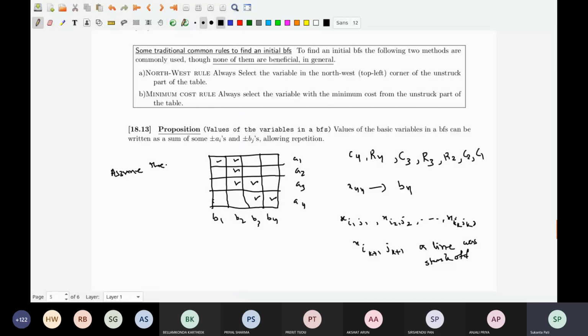Assume some of the already struck off variables were there in that row.